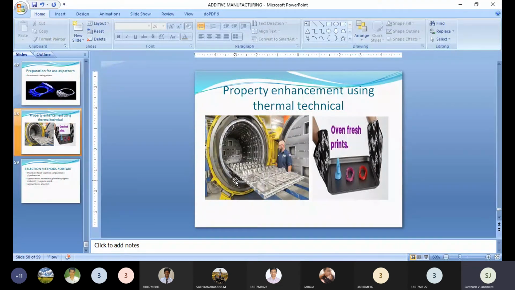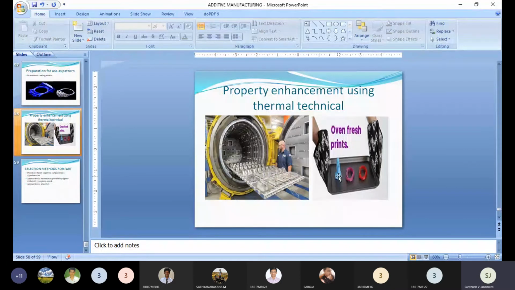Here we have some small domestic components, which we are producing by the SLA process, stereolithography, or sometimes we can produce these kinds of materials with the FDM process.